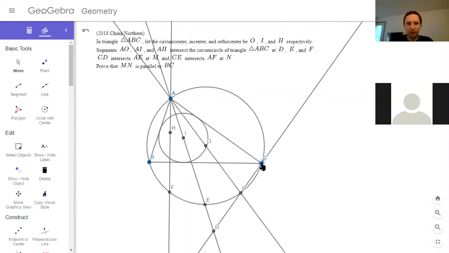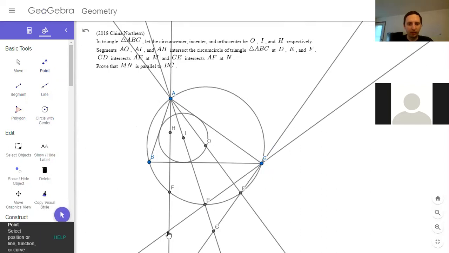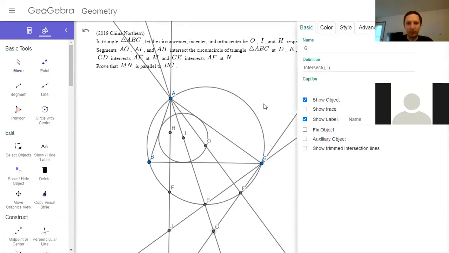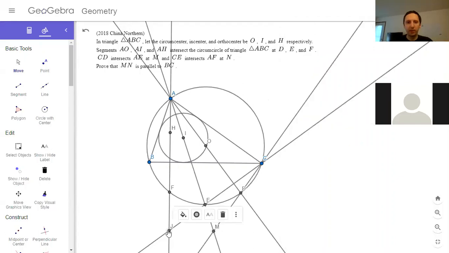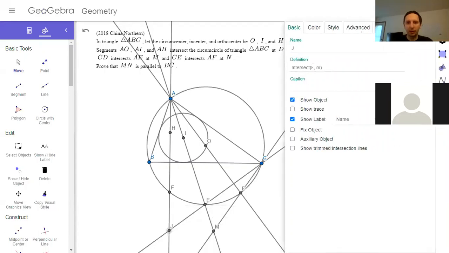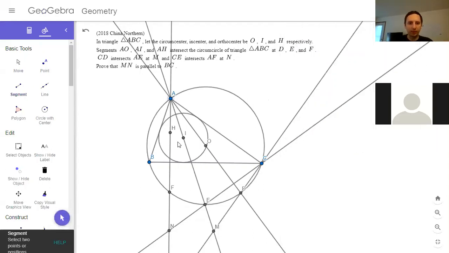And CE intersects AF at N. And so I'm going to relabel these M and N. And we want to show that MN is parallel to BC. That's M. That's N. And now I'm going to try to delete some of the excess so that the diagram looks less complicated.